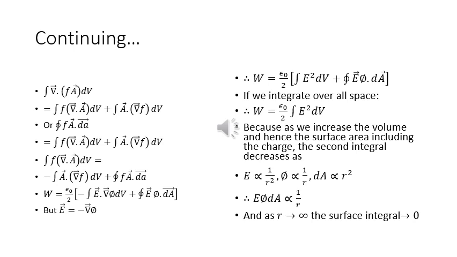Therefore, for the work done, we now make the substitutions. Instead of A, we will write E. Instead of F, we will write phi. So directly we write down W equals epsilon naught by 2 open brackets minus integral E dot gradient of phi dV plus closed integral E phi dot dA close brackets.